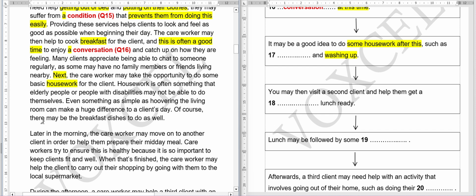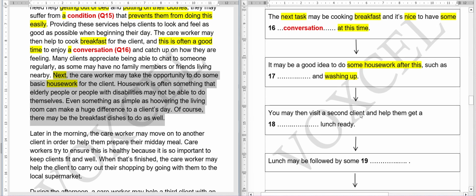Of course, there may be the breakfast dishes to do as well. All right, this is our location, from here to here. Now, you have some time to tell me the answer for this particular question. Sorry about that. And for that, your time starts now.